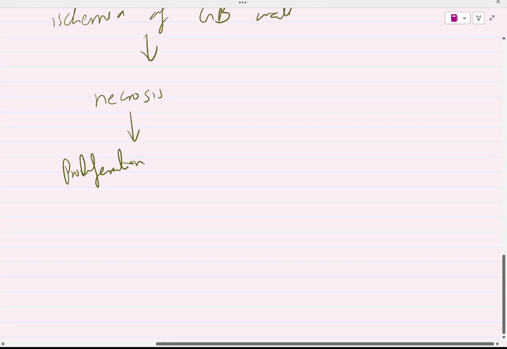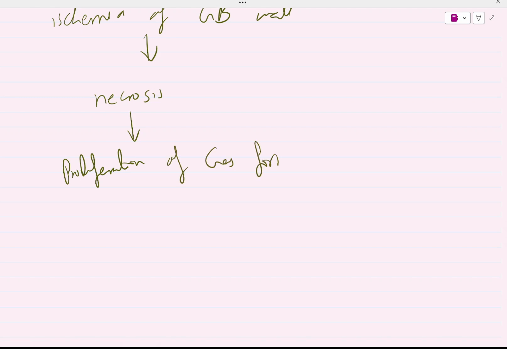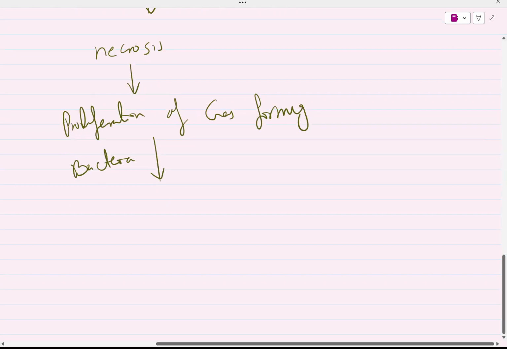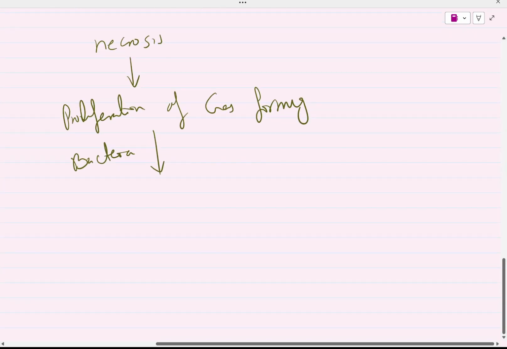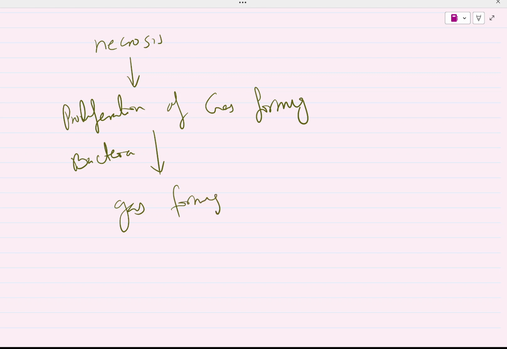In dirty places, dirty organisms grow, so in the necrosed part there will be proliferation of gas-forming bacteria. Necrosis takes place in the gallbladder wall or lumen. Proliferation of gas-forming bacteria and production of gas leads to emphysematous cholecystitis.